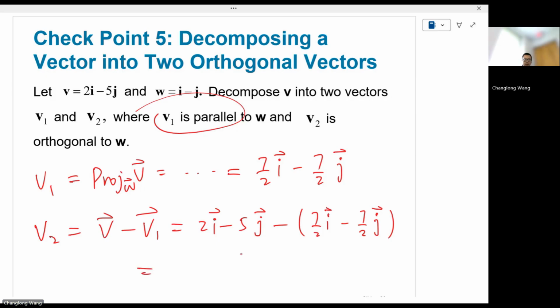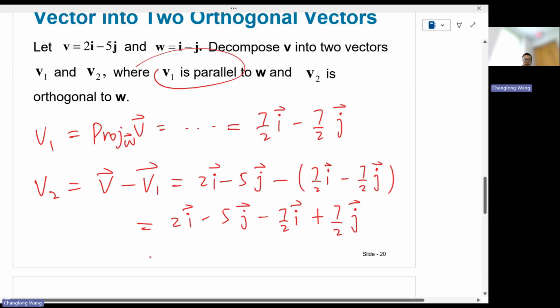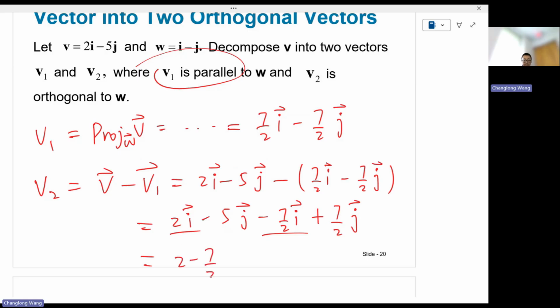So then you lose the parentheses, you get 2i minus 5j minus 7/2 i plus 7/2 j. Because you're removing the parentheses with a preceding negative sign, you will have to flip the sign, right? So now you see the like terms are 2i and negative 7/2 i. You combine the two like terms, it'll be 2 minus 7/2 in front of the i.